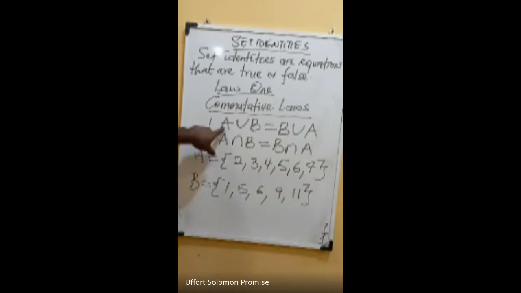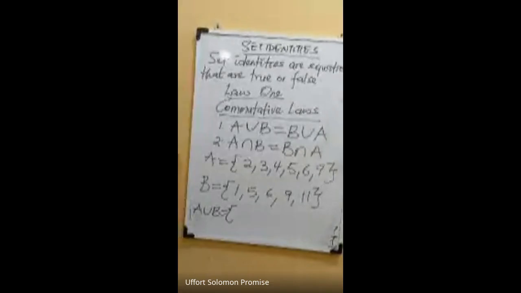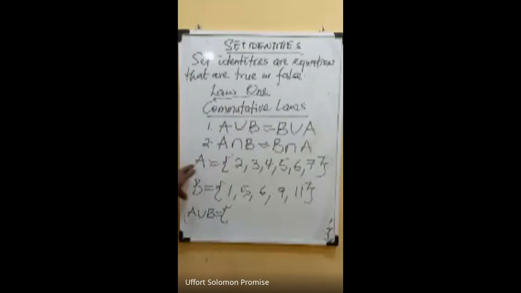So what is A union B in this set now? James, what is A union B? I said, what is A union B from the two sets that have been given on the board? Set A is 2, 3, 4, 5, 6, 7.